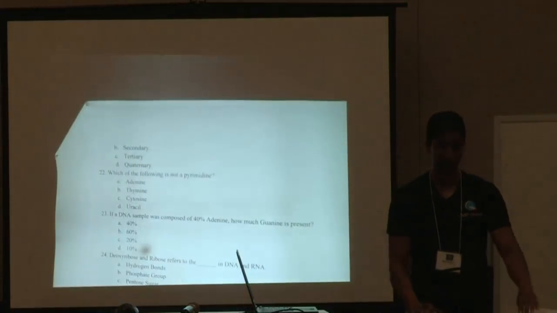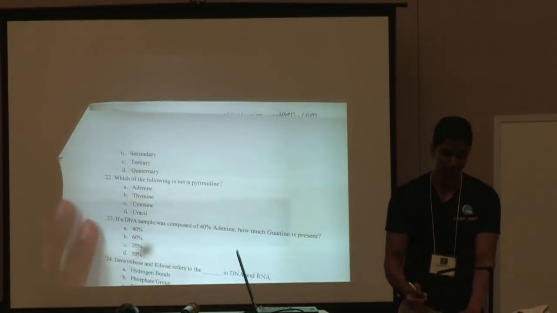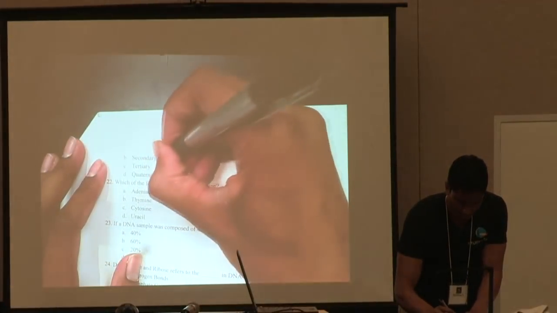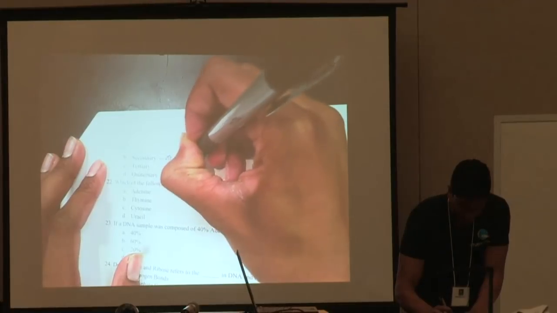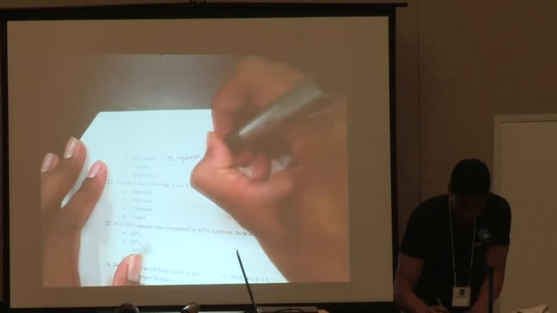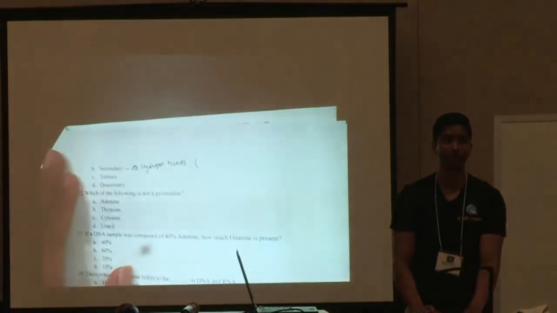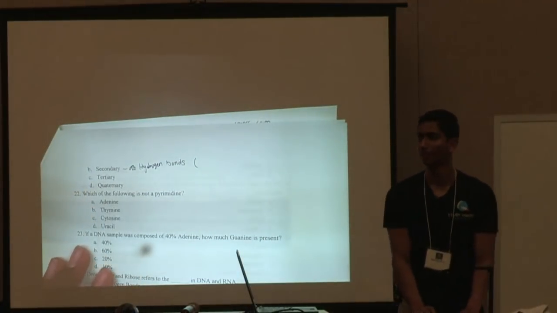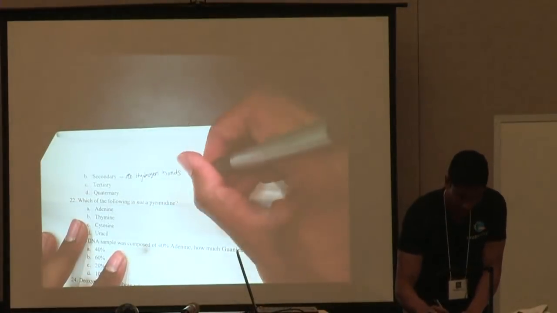So what about secondary? Hydrogen bonds, right? So what are the 2 shapes we can form here? Beta sheet and alpha helix. Good.